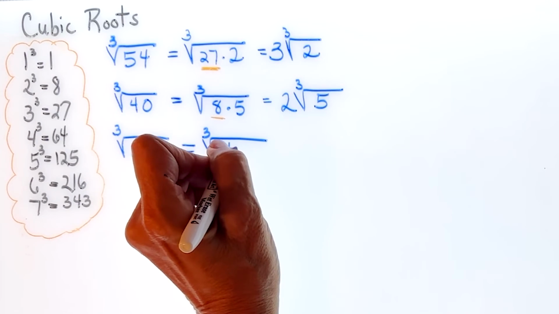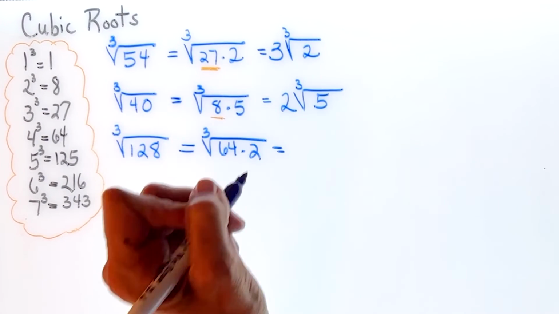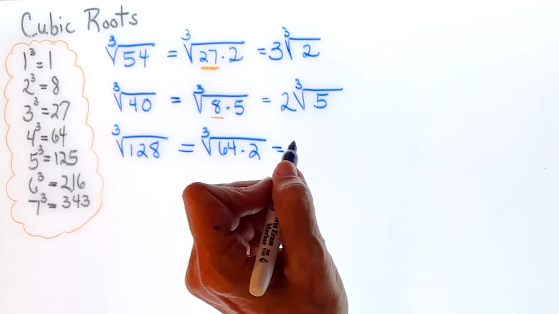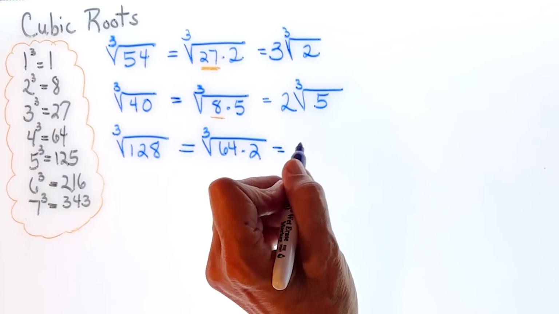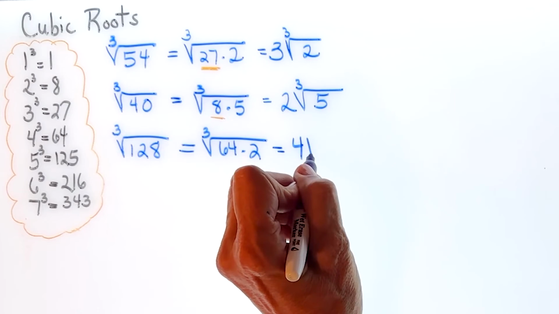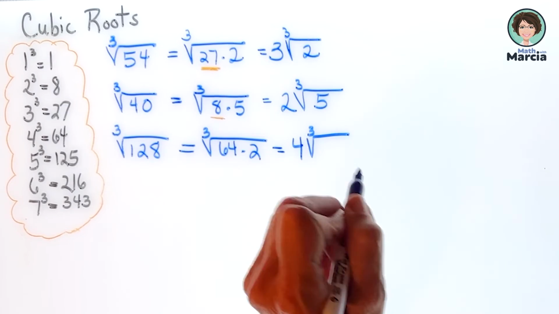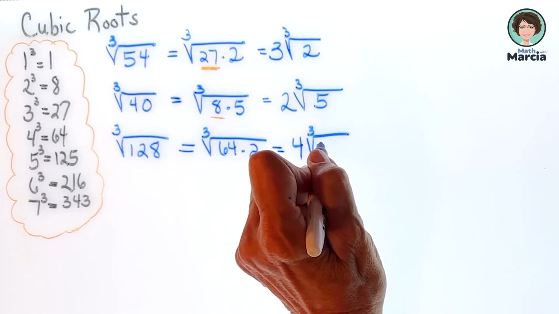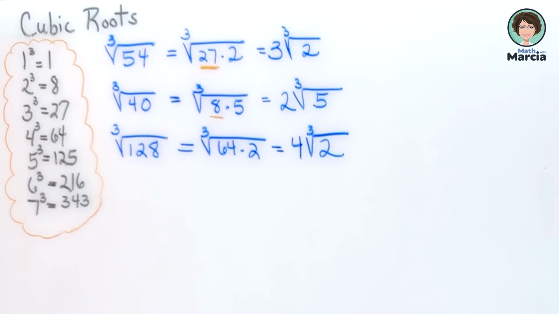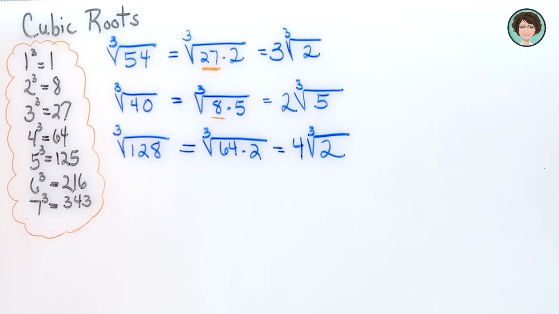So 64 times 2. So I'm going to take the cubic root of 64, which is 4, and inside the cubic root is just your 2 that's left. So it's 4 times the cubic root of 2.